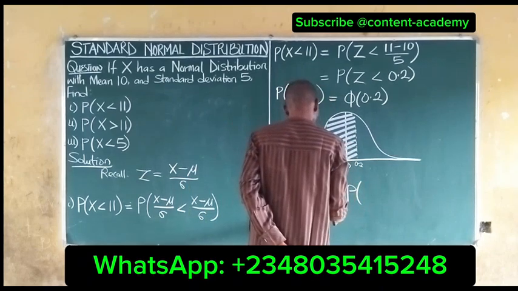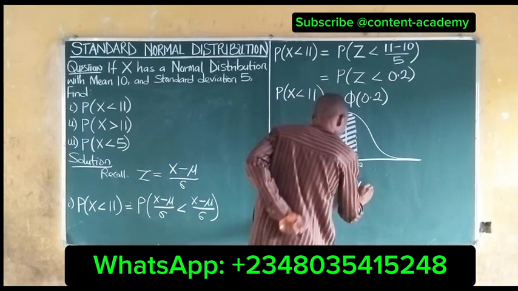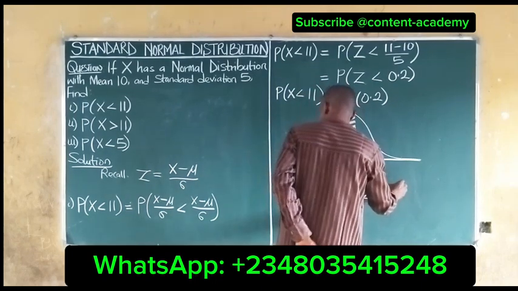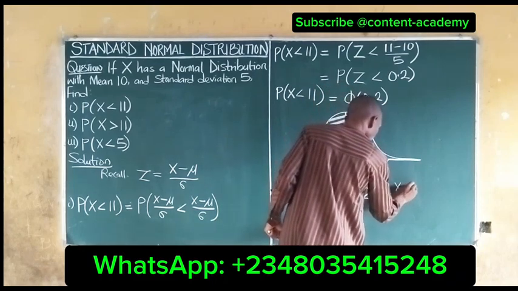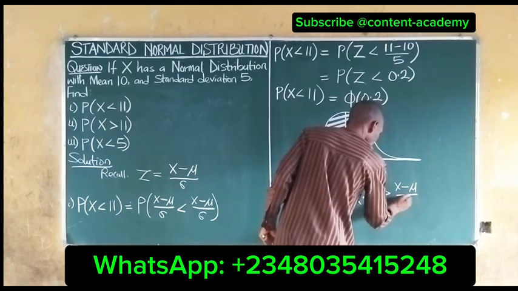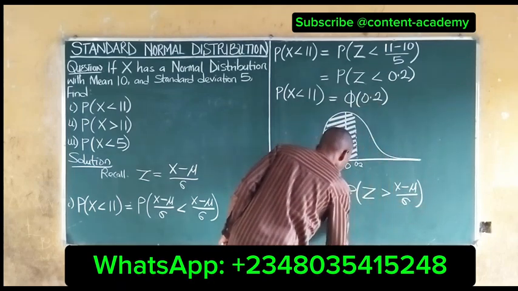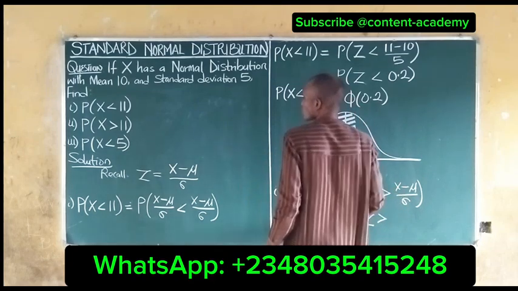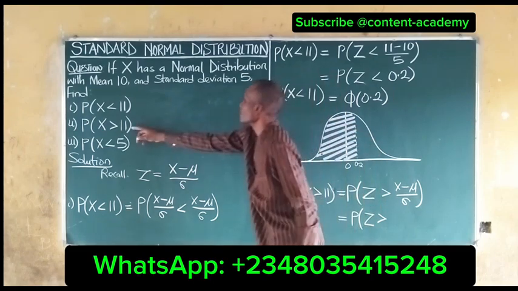We now have Z greater than (X minus mu) all over sigma, equal to the probability of Z is greater than, and our X is still 11.